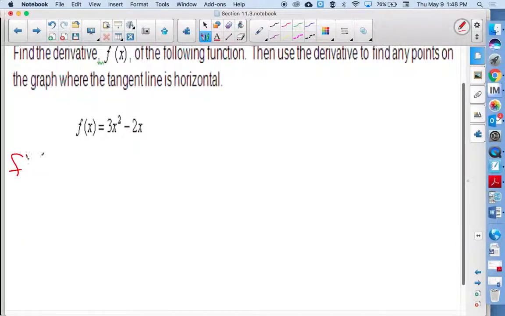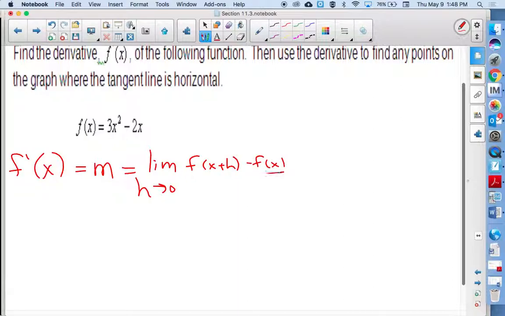Right, so the derivative is the same thing as the slope of the tangent line, which really means we're taking the limit as h approaches 0 of f of x plus h minus f of x all over h. So each one of those things means the same thing. The difference quotient is the slope of the tangent line, is the derivative. All the same thing. Just depends where you're looking at it in math and what you're applying it to.